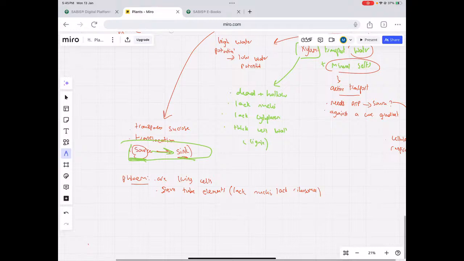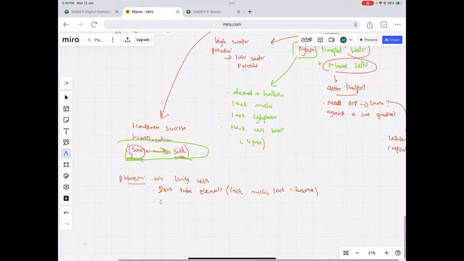So what does that mean? Since they lack nuclei and ribosomes, they cannot perform vital processes, so they need the help of another cell. What do we call this other cell that provides support and the necessary materials for the sieve tube elements? We call it the companion cell.